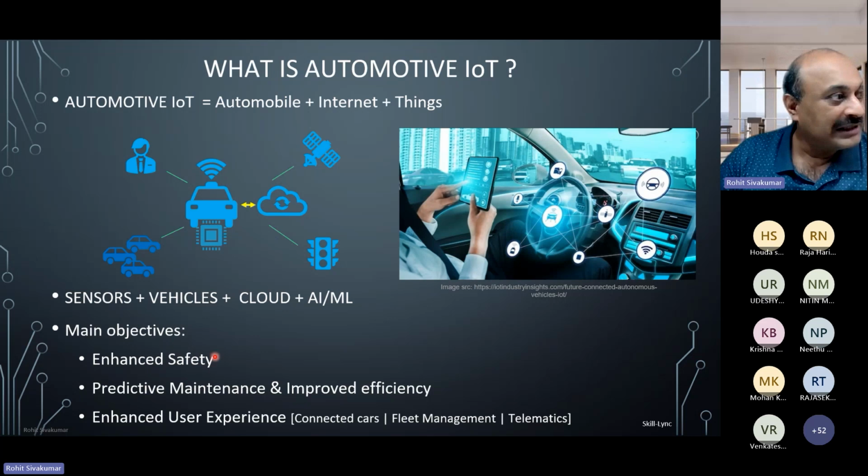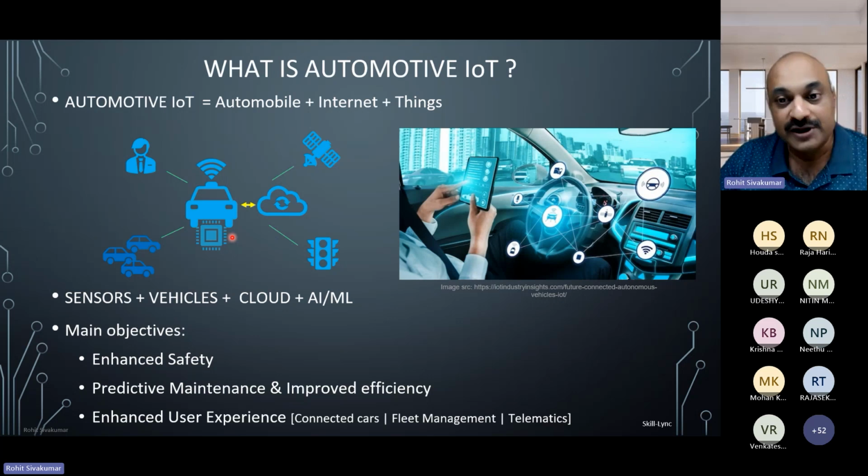There's more reliability of the vehicle infrastructure as a whole. So when you are talking of the uptime of the vehicle, the operational efficiency of the vehicle, those things get improved. And finally, it's all about enhancing the user experience. We'll talk about connected cars, fleet management, telematics, and we'll go into details of how each of these is helping us define what today's luxury travel is all about.